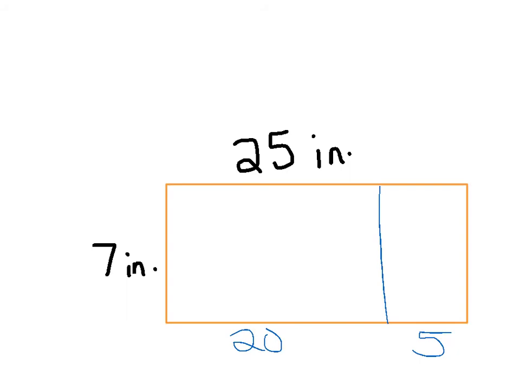So my two new calculations now are going to be 20 times 7, since my width is 20 and my length is 7, and 5 times 7, since my width right here is 5 and my length is still 7.